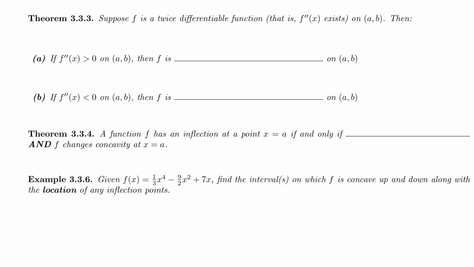So here we go. Here's saying exactly what I've already said. If f double prime is positive, then f is concave up. If f double prime is negative, then f is concave down.